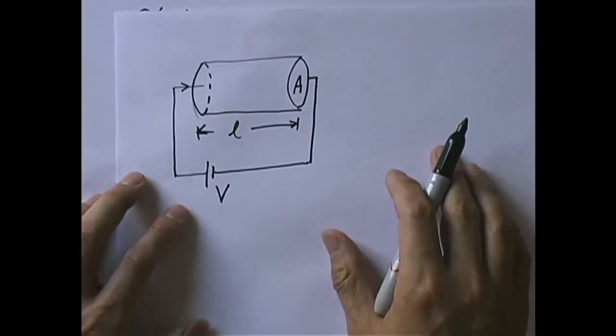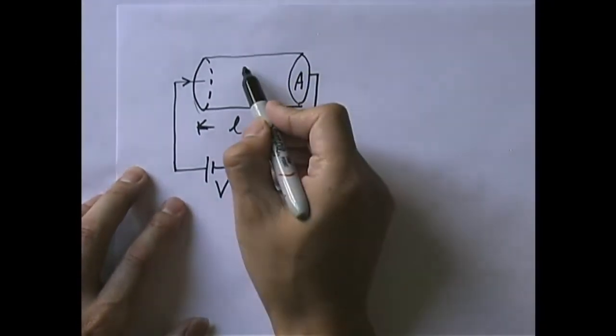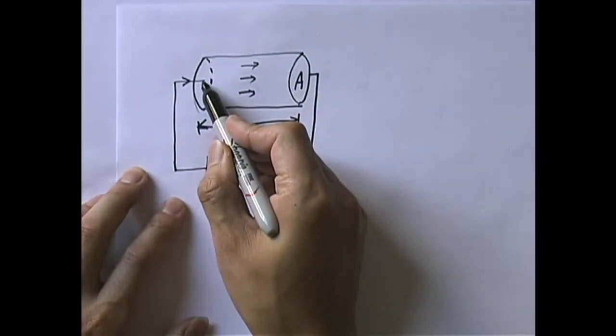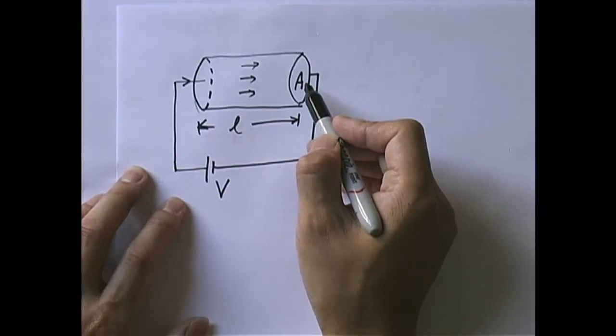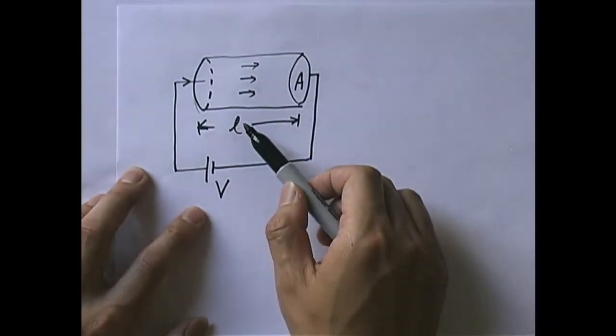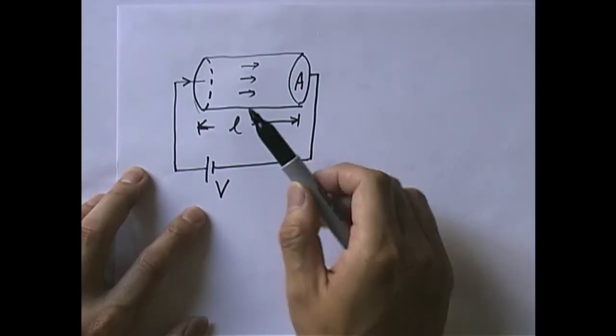Now, for simplicity, assume the electric field is uniform in between this terminal and that terminal. If the electric field is uniform, then over distance L, what kind of voltage difference would it create?